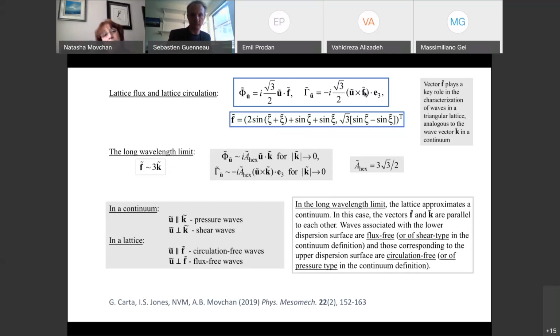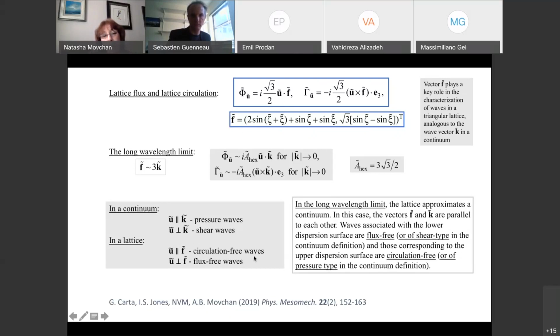So with this in mind, because there is a nice correspondence between these two vectors and these two types of descriptions of waves in a continuum and in a lattice in the long wave limit, we are going to use this vector f, which is defined here, and say that in the lattice we will distinguish between two different types of waves.